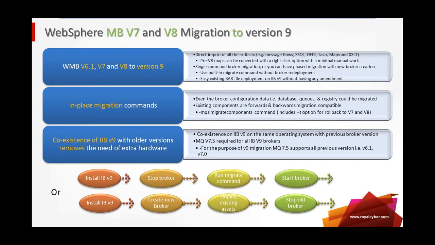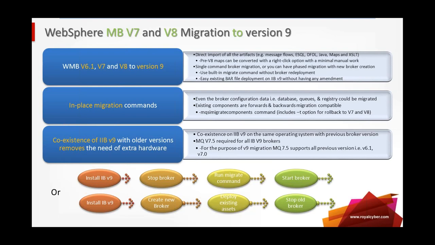But there are different scenarios or ways to migrate 6.1 compared to versions 7 and 8. If you want to group them, we can group version 6.1 Message Broker separately, and we have to keep different things in mind when migrating from 6.1.